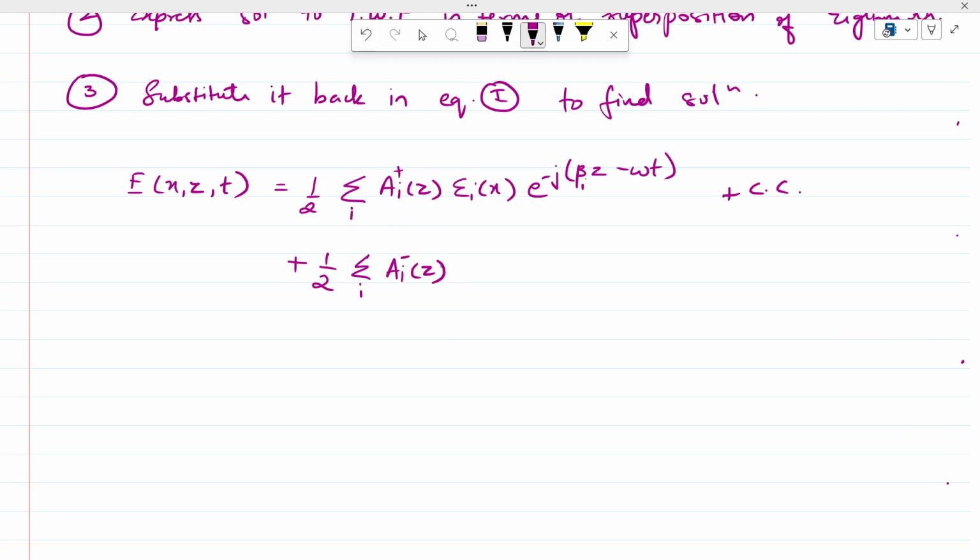In general, these two amplitudes can be different. So the amplitude of the forward propagating wave can be different from the amplitude of the backward propagating wave, even though the betas are identical, or even though the mode profiles are identical. So since this is backward propagating, I'll write here beta iz plus omega t and the corresponding complex conjugate term.